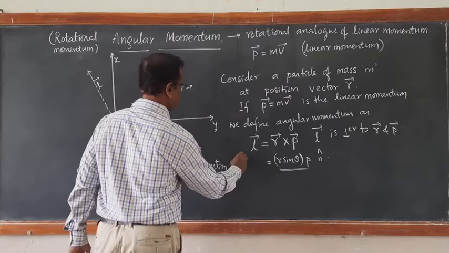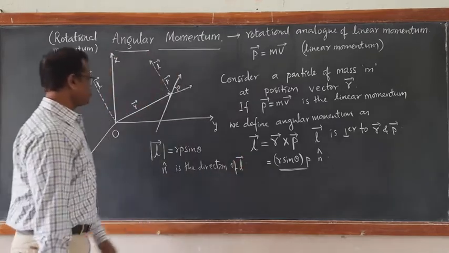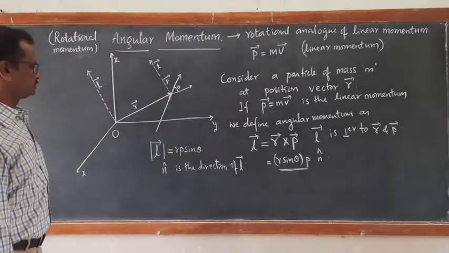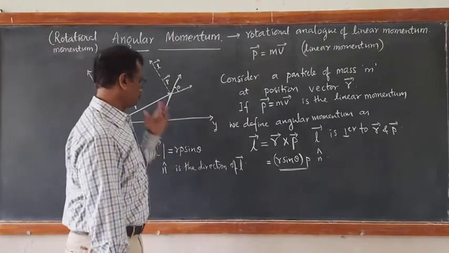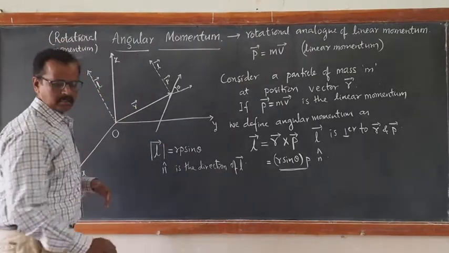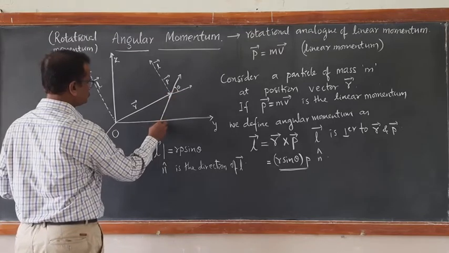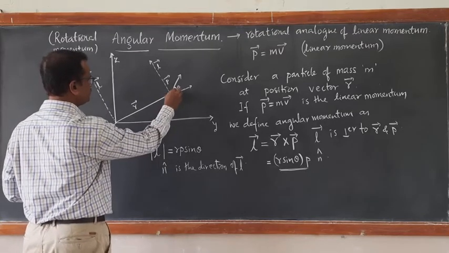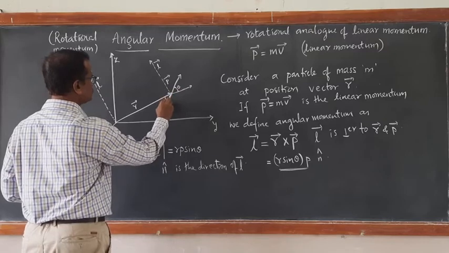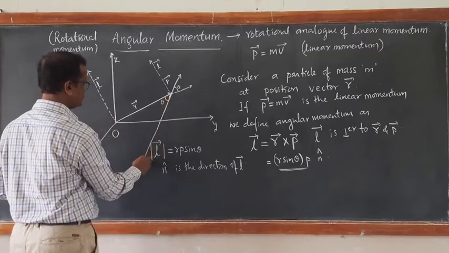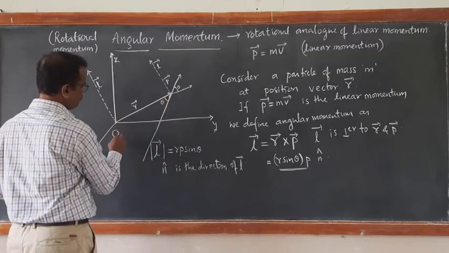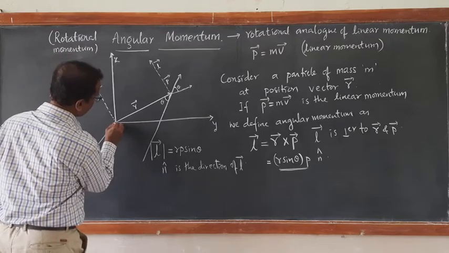Now how to find r sin theta? It can be found using this diagram. If this is the angle here, then the same angle is going to be theta here. Then extend this and draw a perpendicular from here.